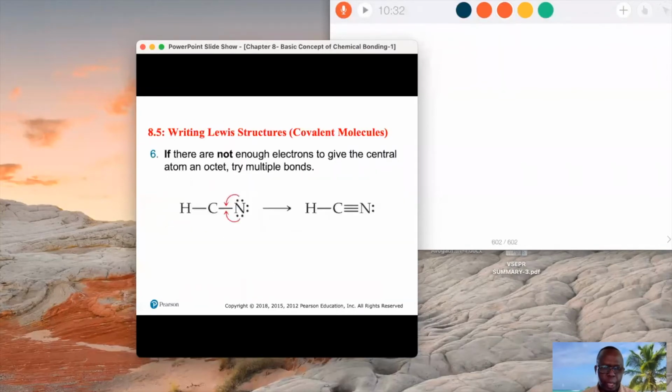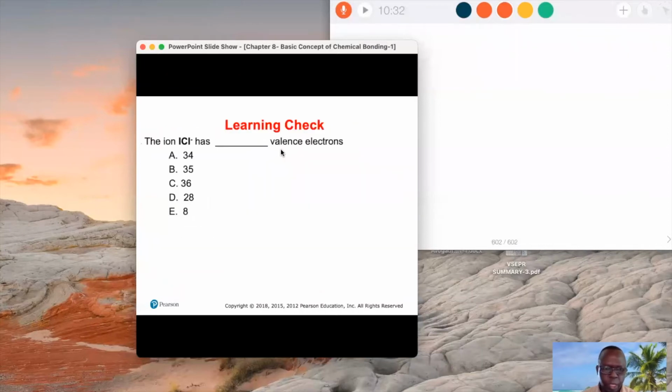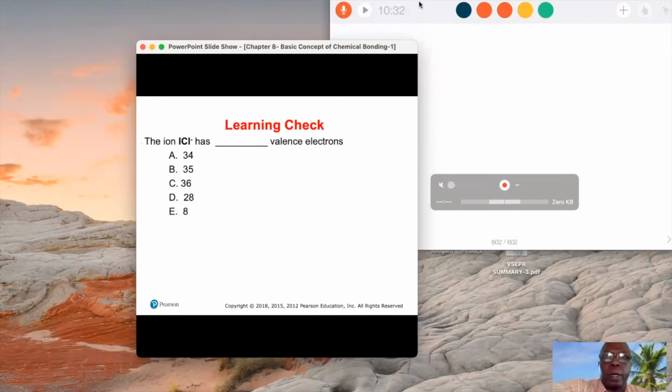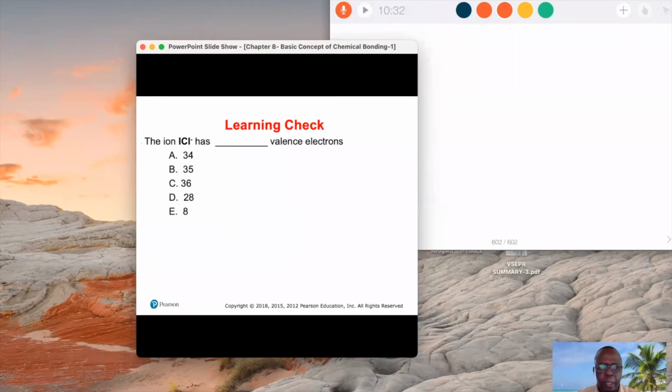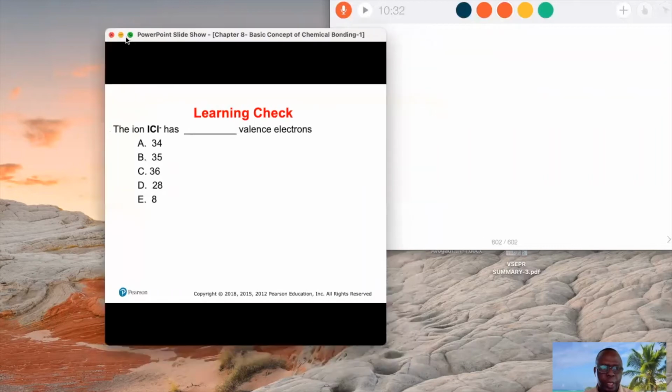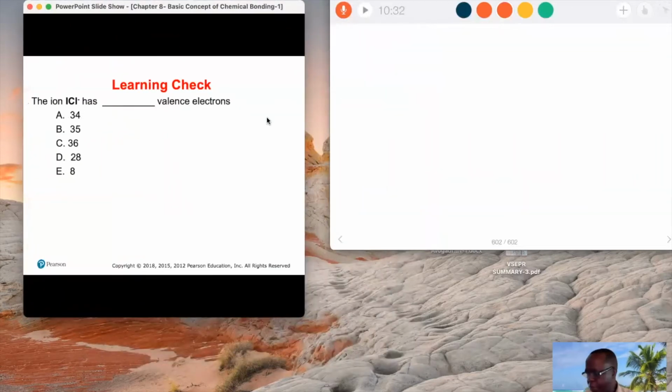I think this was the question. You recall, none of the multiple choice supported our final total number of valence electrons, which was 15 when we used the periodic table and the group numbers. It turns out the correct polyatomic ion was supposed to be ICl subscript 4 with a negative charge.